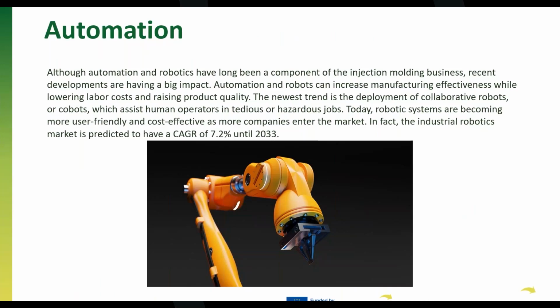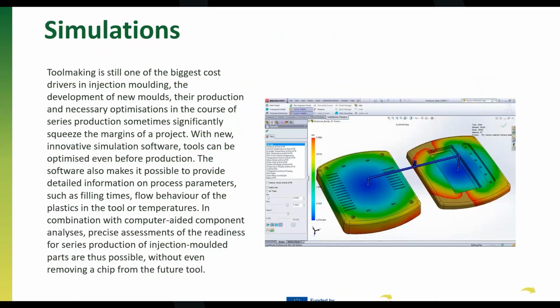Next, this doesn't change between bio-based or fossil-based, but there are some points in which it's necessary to adapt the material, such as in the simulation. Before we manufacture the mold and work on the part itself, it's important to simulate and study how the polymer will behave during the overall process.